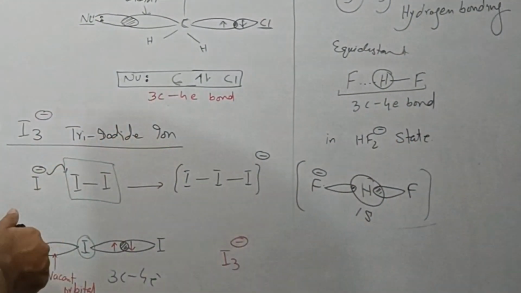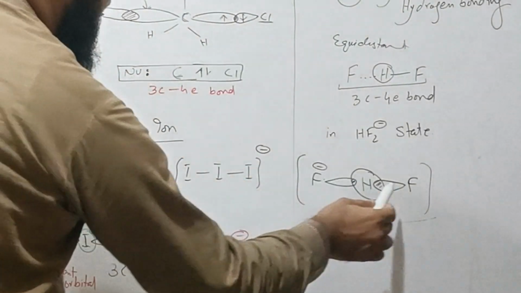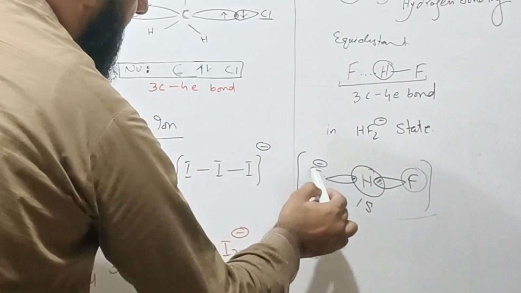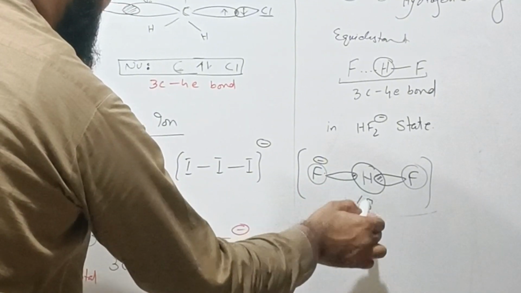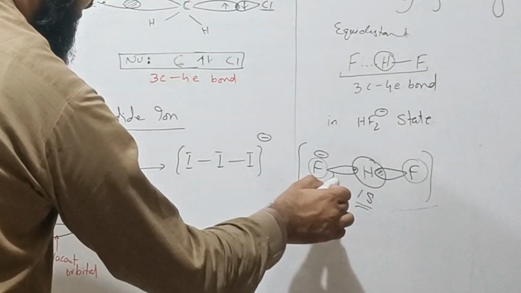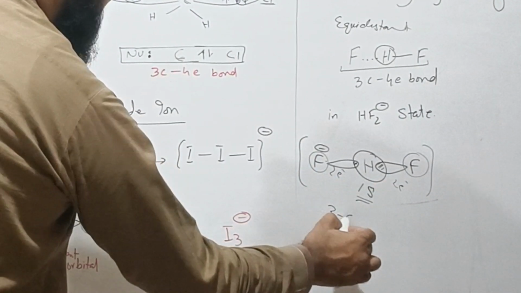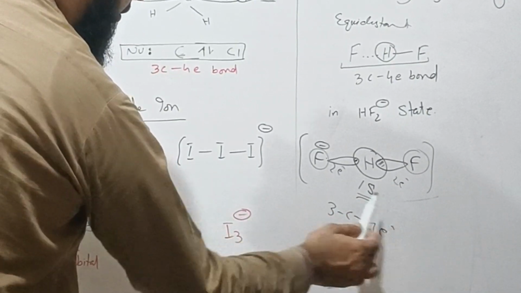And how can this complex or this bond be explained? 2 fluorides commonly overlap with the 1s orbital of hydrogen. So 2 electrons here and 2 electrons here. So this is a kind of 3-center 4-electron bond.